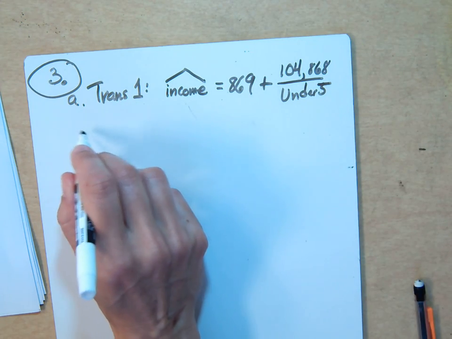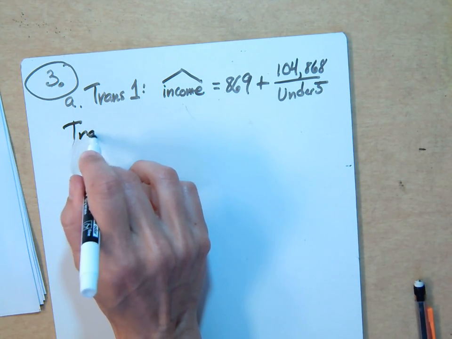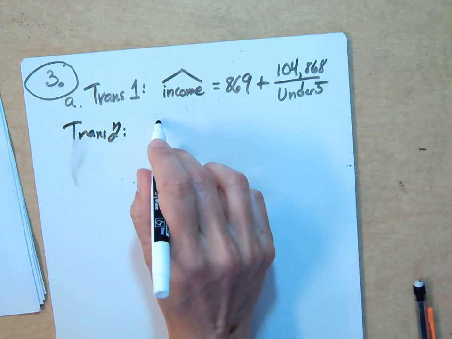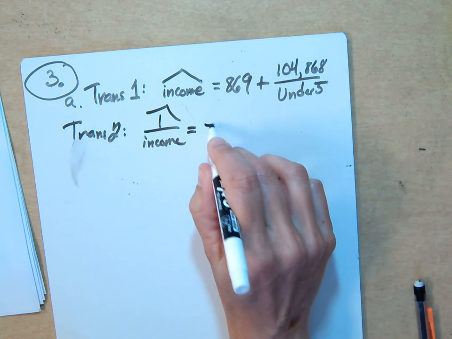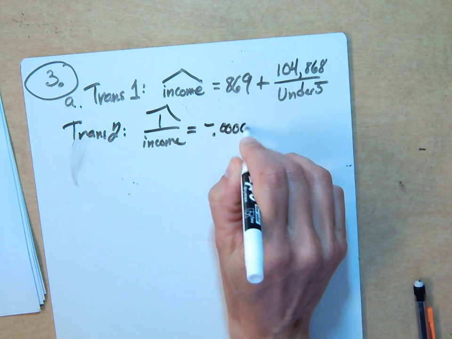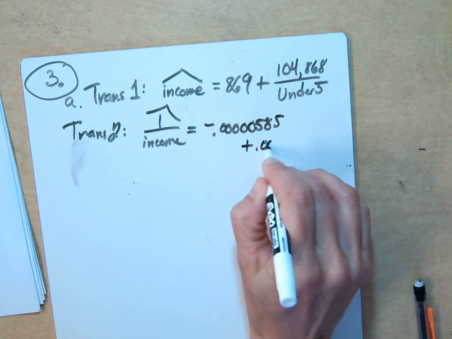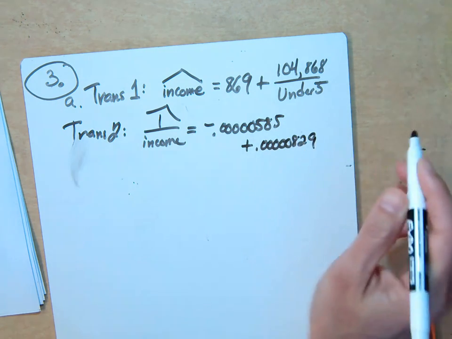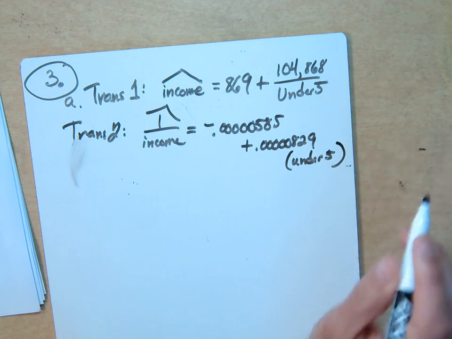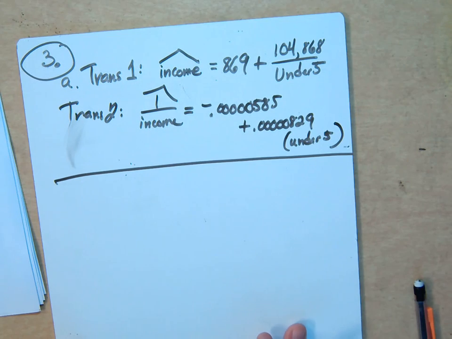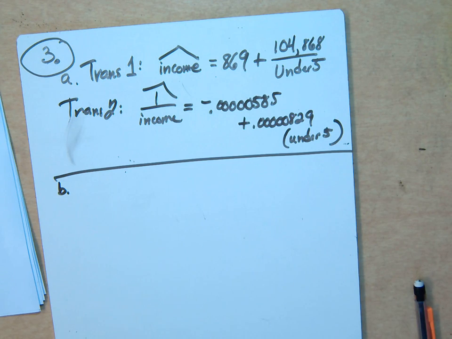And if we use transformation 2, we get 1 over the predicted income equals negative 0.0000585 plus 0.0000829 times x, which was under 5. So that's part A.